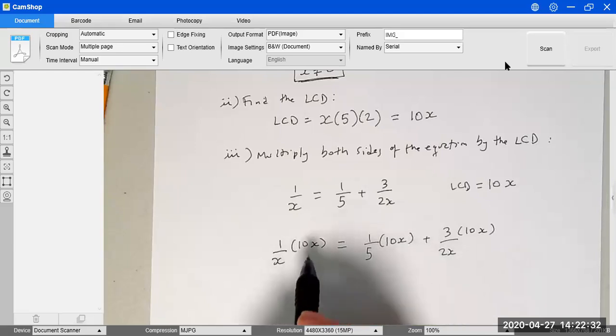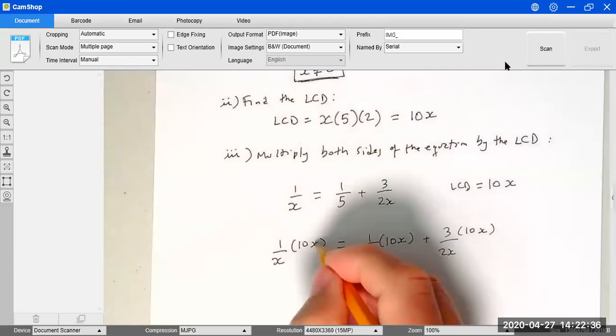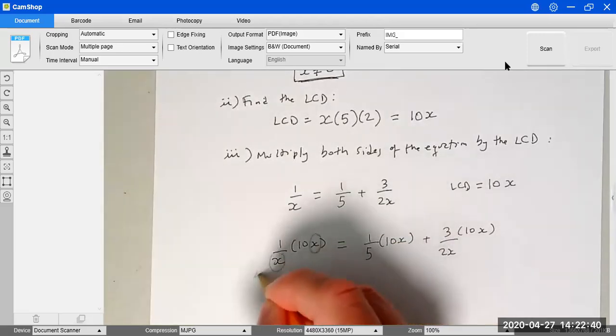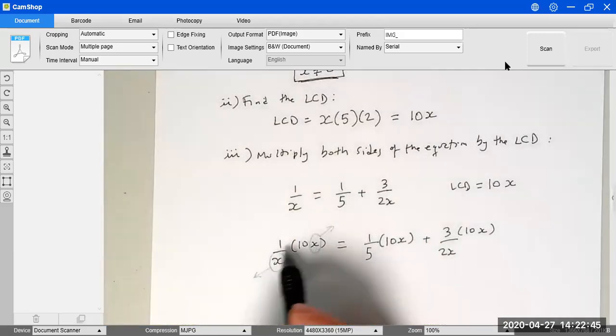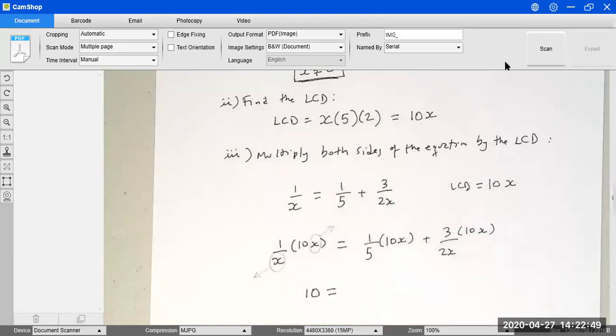In the first case, I have this x here and this x here, so they cancel each other. I end up with only 10 times 1, which is 10.